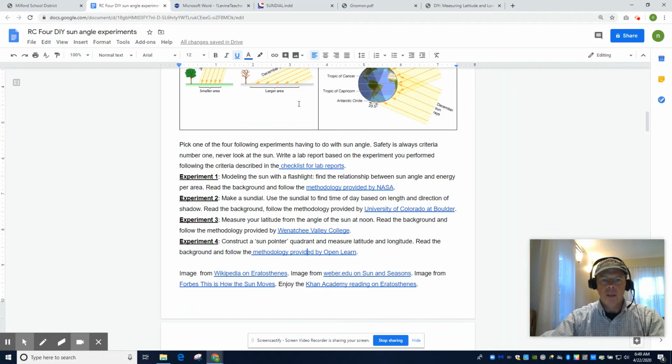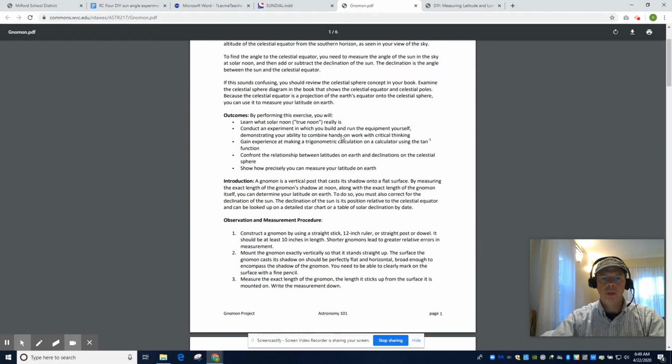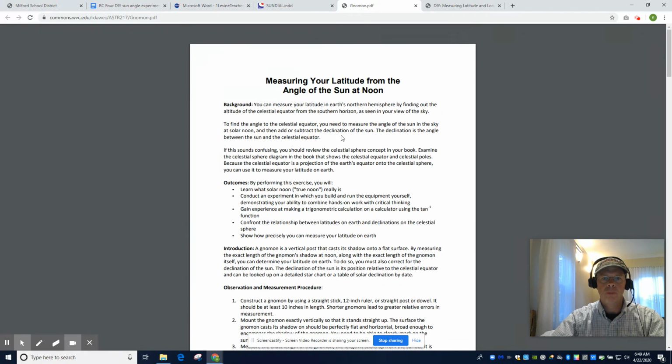Experiment 3 is also a sundial, basically, but this one's a college experiment. Wenatchee, I'm not sure how to say this, out west, I think, in Washington State. So we're trying to determine what time of day it is.